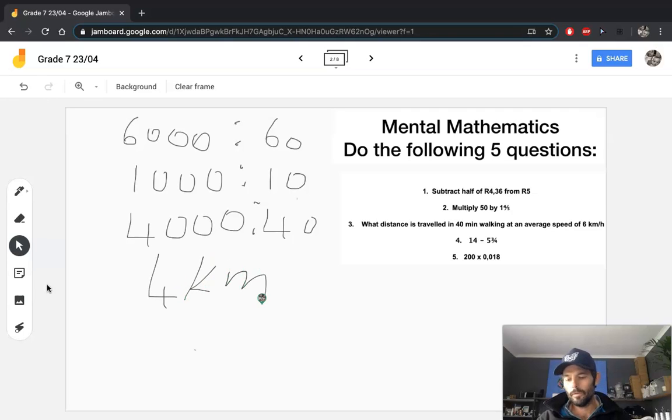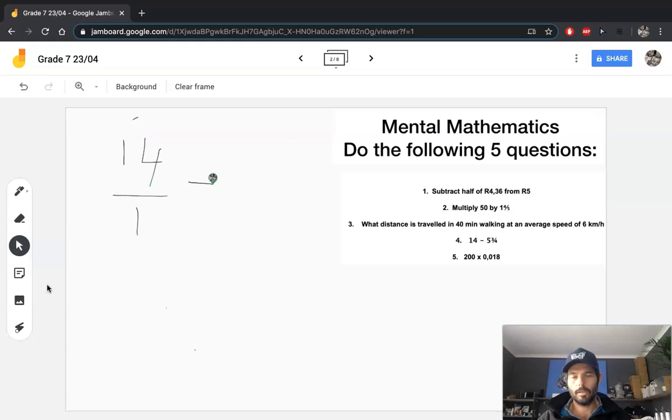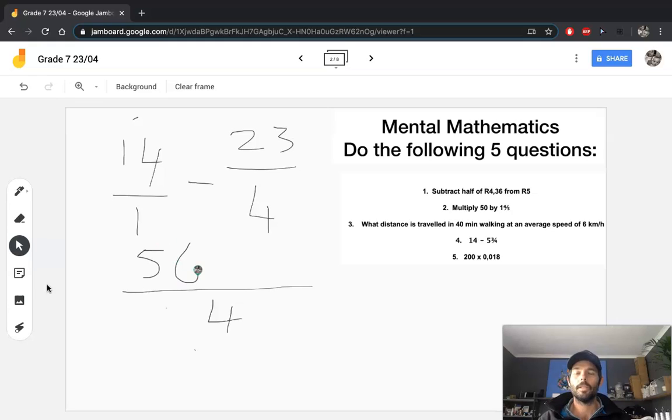Question 4, subtraction of a fraction from a whole number. Again, I'm going to say there are two options here. The first one, I'm going to say 14 over 1 minus 5 3/4, which is 23 over 4. My lowest common denominator is 4. 1 goes into 4 4 times. 4 times 14 is 56.